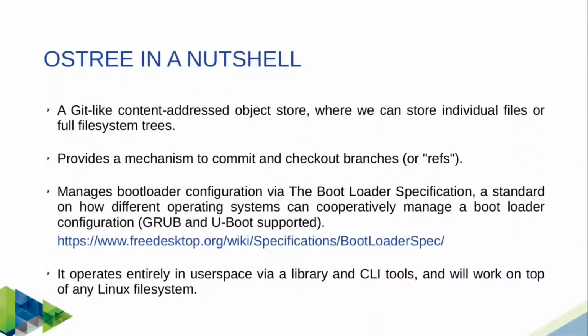That's why OSTree supports the bootloader specification, where you can change the bootloader files to change how the bootloader will behave, like which kernel it will use, the kernel parameters, and where the root file system is. So it has logic to do all of that. And GRUB and U-Boot, the two most commonly used bootloaders, are supported by OSTree.